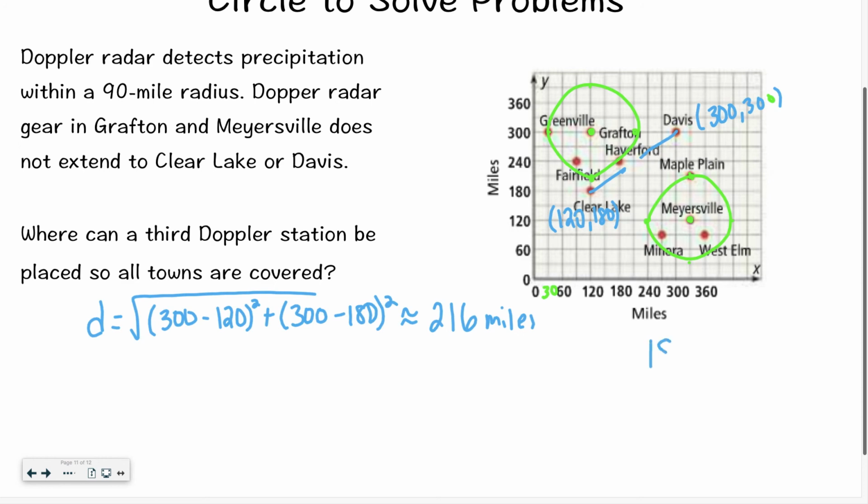That's a total of 180 miles that I need to cover. But these towns are 216 miles apart. So my range is not going to make it. 180 miles is all the farther the Doppler station can go. And they're 216 miles apart, so that means that there is not a third Doppler station.